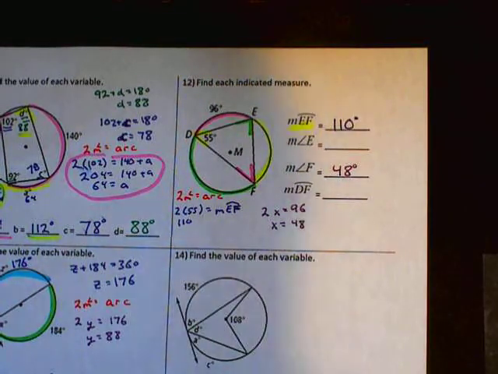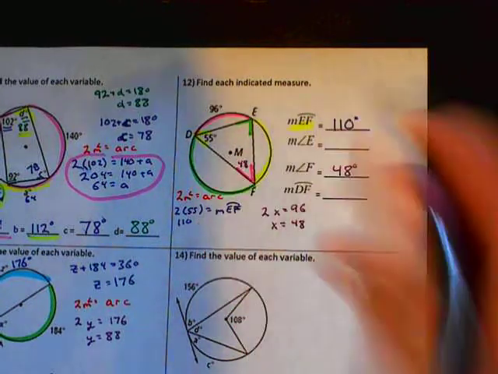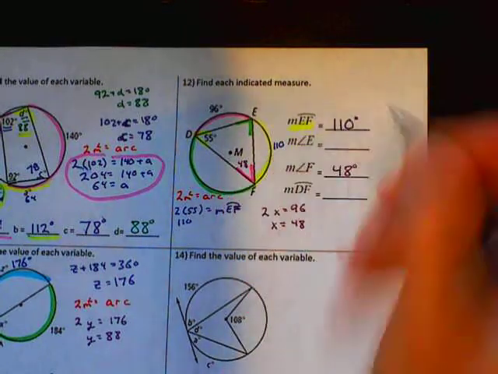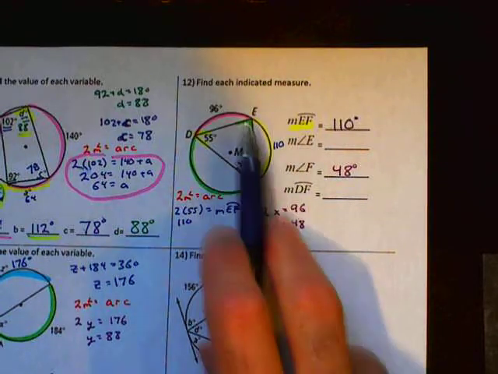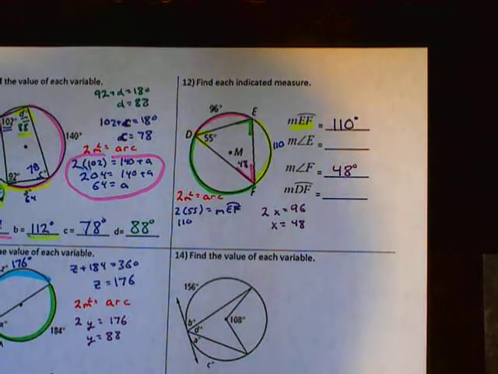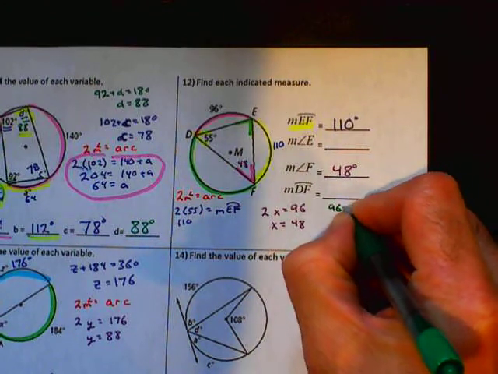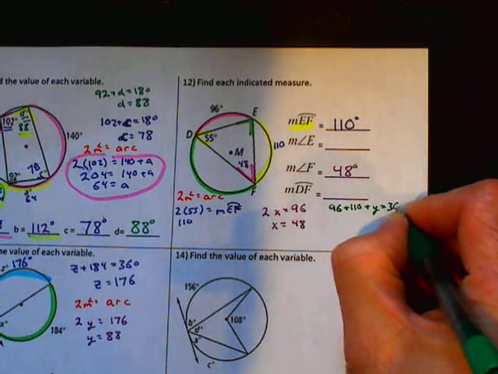Now, if that's 48 degrees, and remember this was 110, DF is going to be 96 plus 110 plus y equals 360.